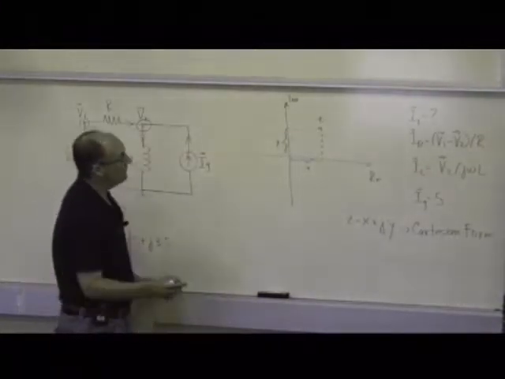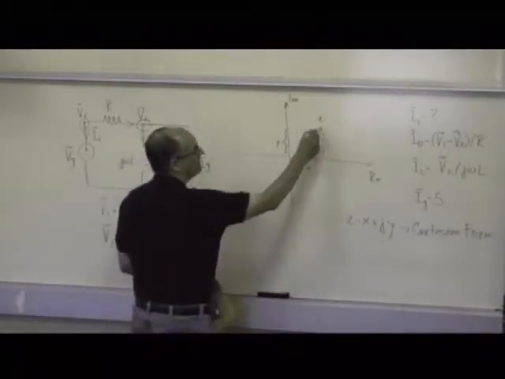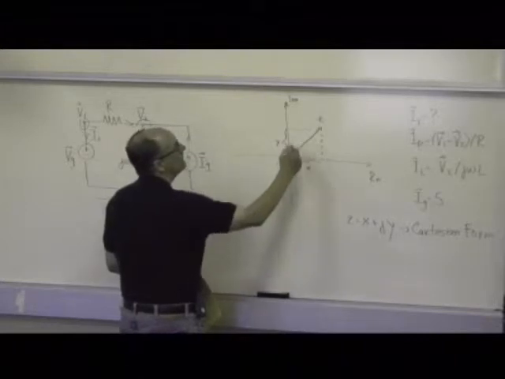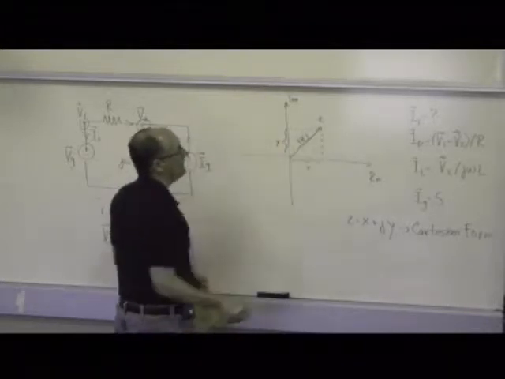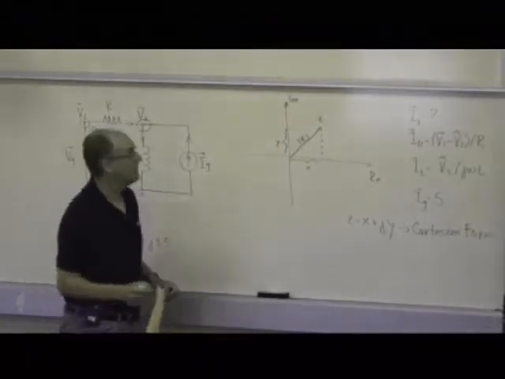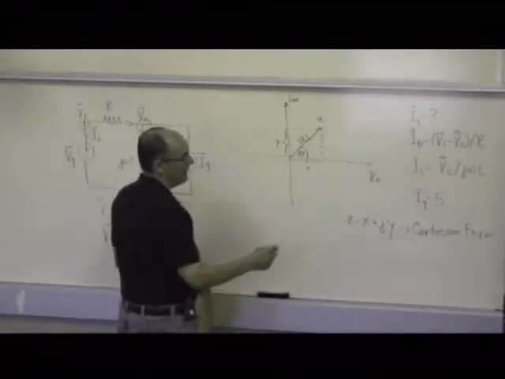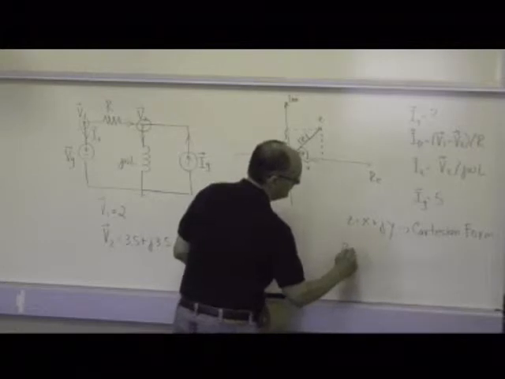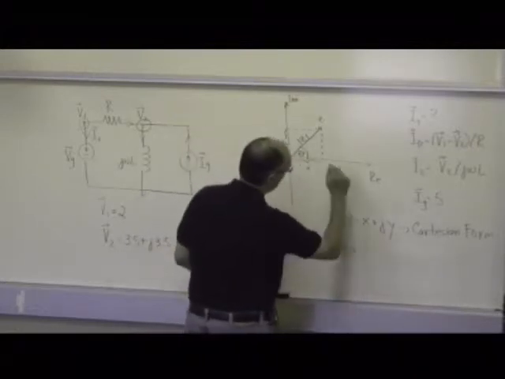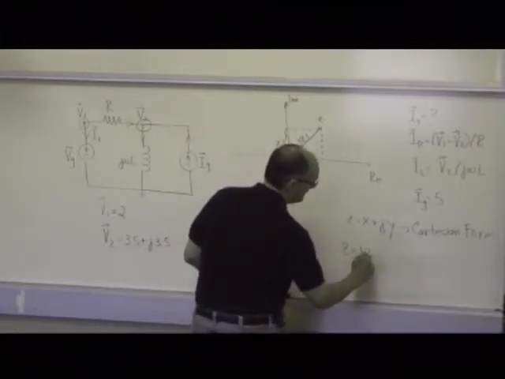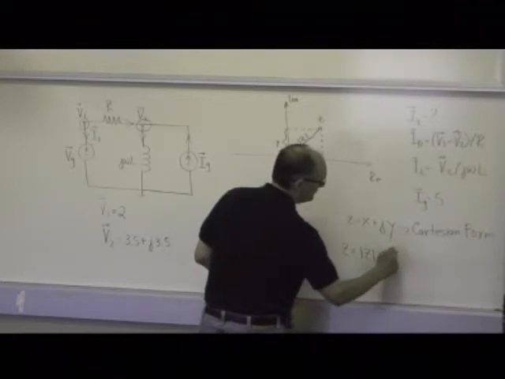Alternatively, we use the polar form, which looks at the distance to the origin, magnitude z, that's the magnitude of this complex number, and the angle. And the way we write z in polar form is as magnitude z e to j theta.